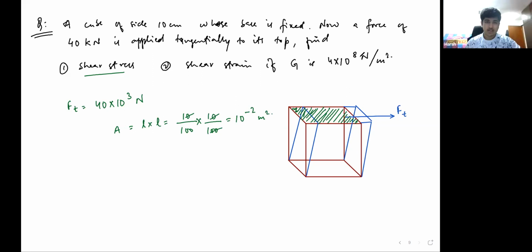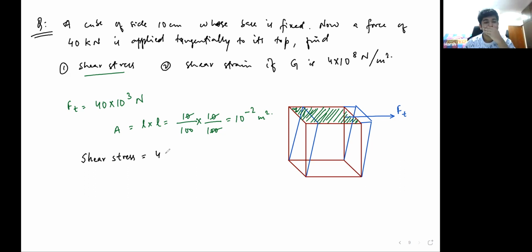F tangential by area, so 40 into 10 raised to 5.